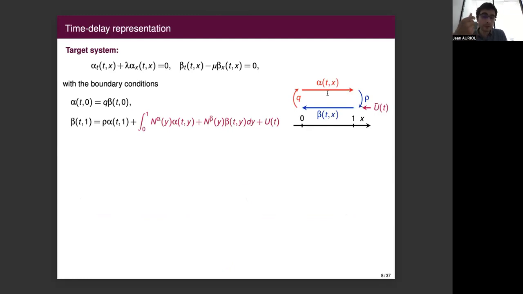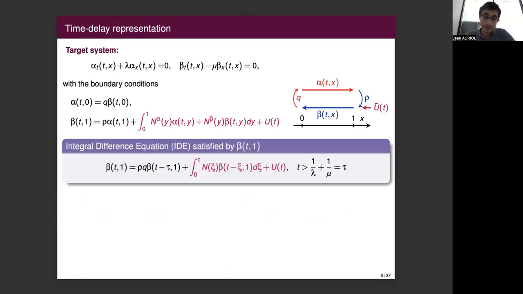However, if you go a bit further, you can have a time delay representation of the system. More precisely, alpha and beta are transport equations, which means that you can express alpha(t,x) as a delayed version of alpha(t,0) and beta(t,x) as a delayed function of beta(t,1). All in all, you can express all the states alpha(t,x), beta(t,x) as a delayed function of beta(t,1).